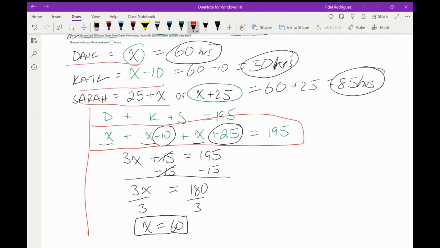So what I'm trying to show you here is exactly the same way that I would do it if I was a student, okay? Because this way I can at least keep track of what X even stood for. If I wrote this part out but wasn't sure who X was, X Dave, X Kate, X Sarah, then when I come up with my answers, I'm not sure where they would go, right?